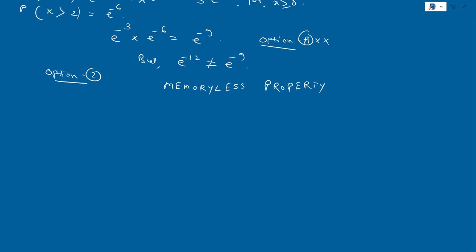Meaning, if a machine survives 2 hours, it behaves as if it was newly born, with no emotional attachment to the past survival. We have a formula for it: P(X > s + t | X > s) = P(X > t).